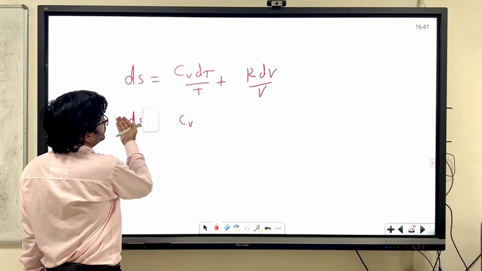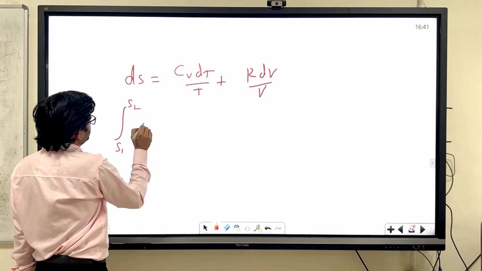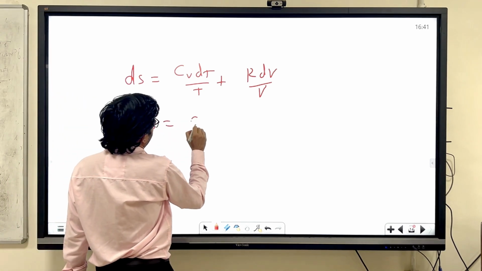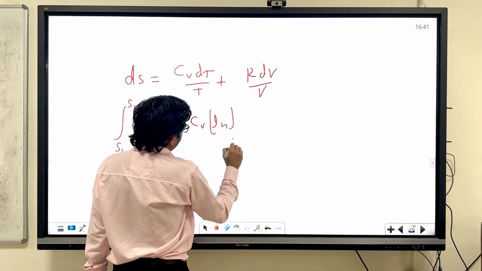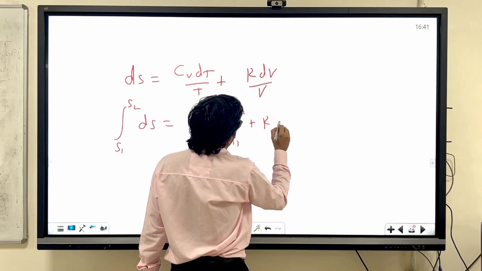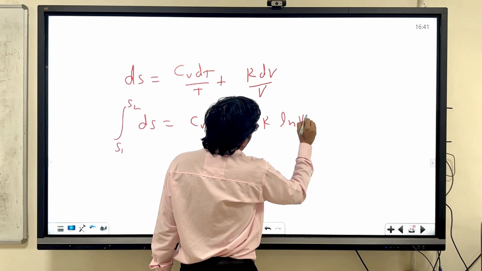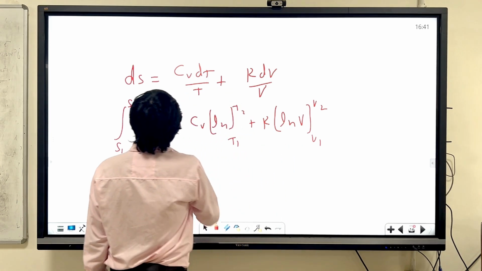So you can integrate from entropy S1 to S2. You can write cv ln T1 to T2 plus R ln v1 to v2. You have integrated this equation, right?